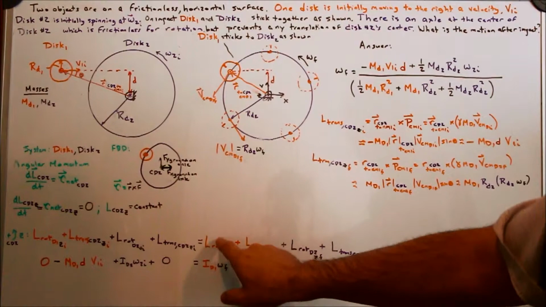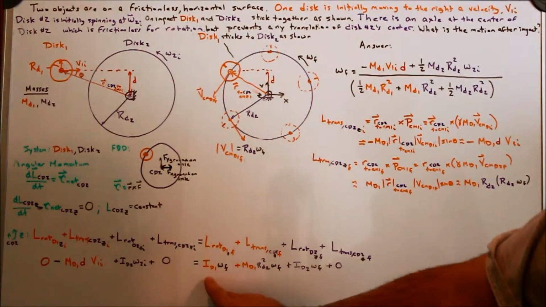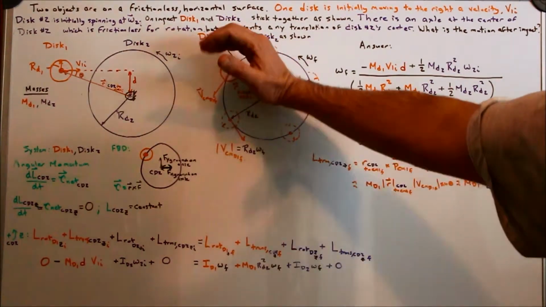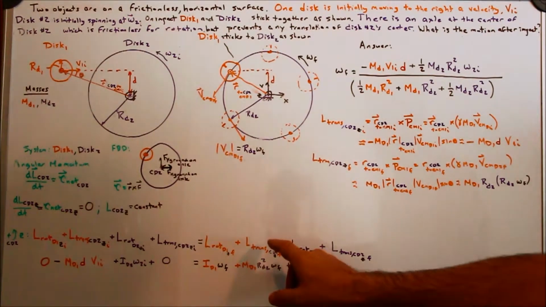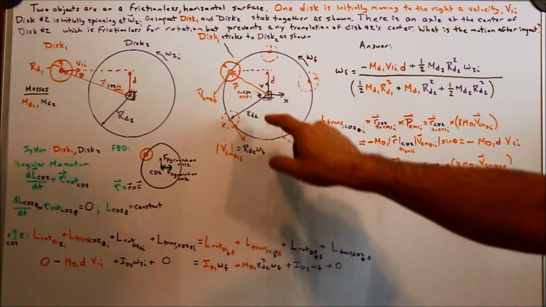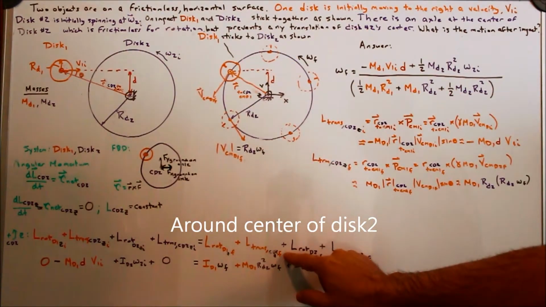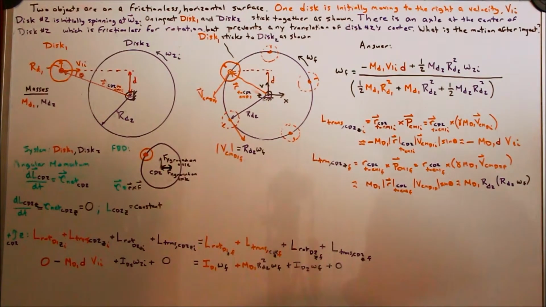So therefore, rotational angular momentum about its own center of mass is its own moment of inertia times its angular frequency, and that's positive. Next term, translational angular momentum about the center of the disk in the z direction finally. Once again, that's r cross p.